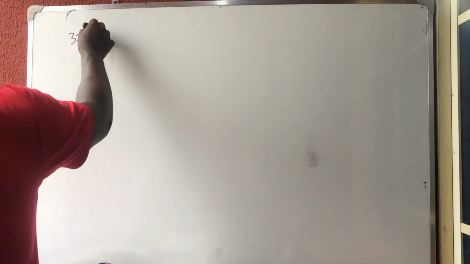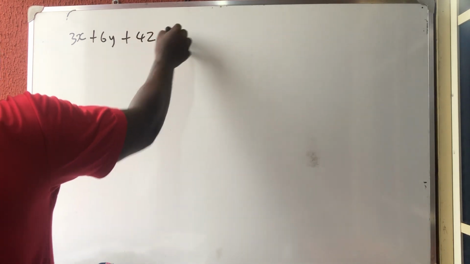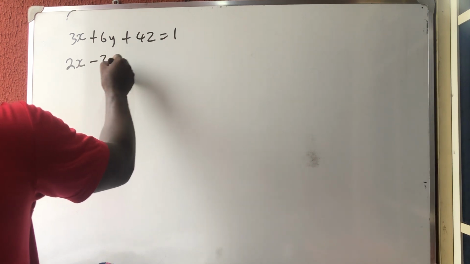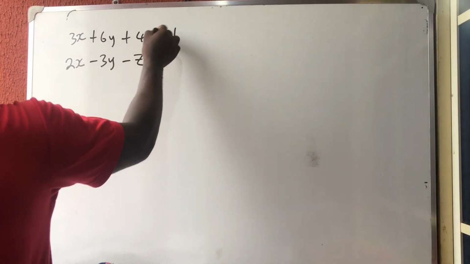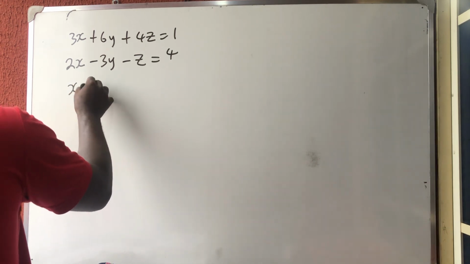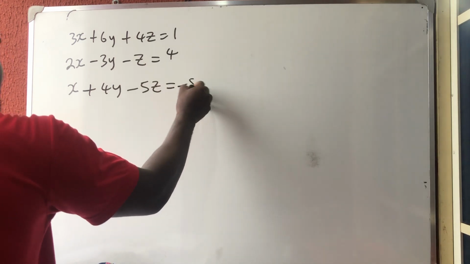Use the method you prefer to solve 3x plus 6y plus 4z is equal to 1, and 2x minus 3y minus z is equal to 4, and x plus 4y minus 5z is equal to minus 8.